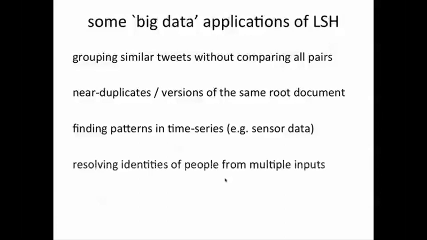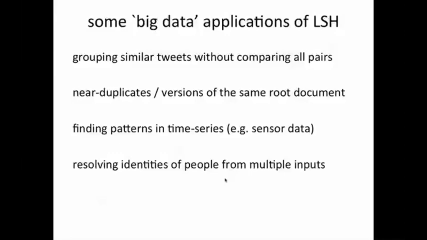Another example, which is also discussed in the Anand Rajaraman book, is resolving identities of people from different databases or multiple inputs. An example of such a problem is one described in the book, resolving databases from different systems.